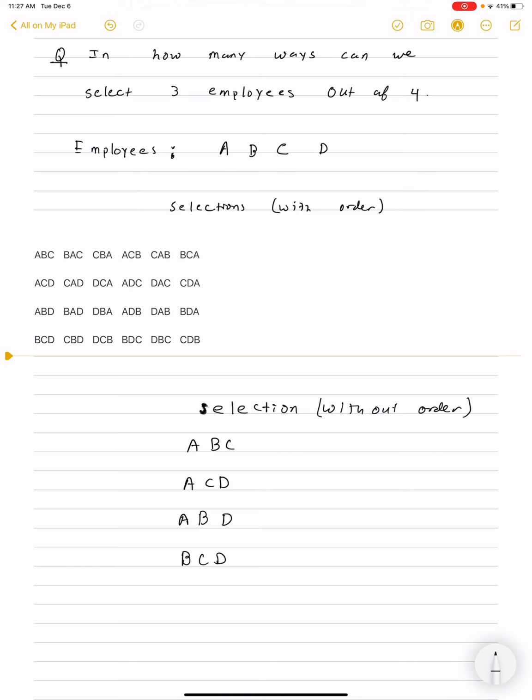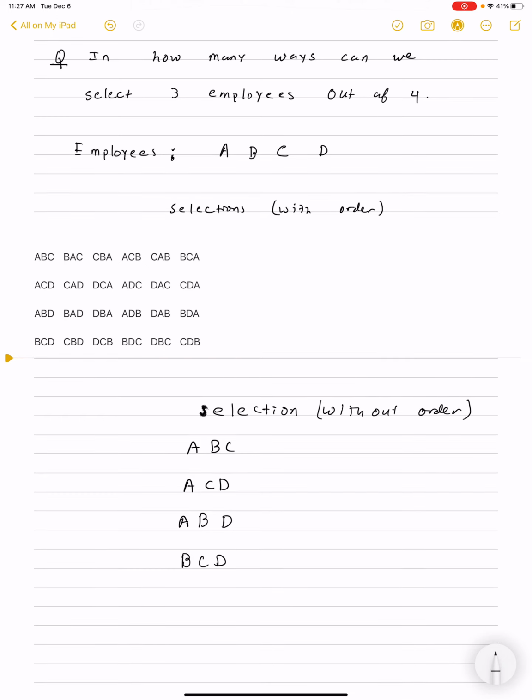How did I get from this list to the bottom list? So the top list, we should notice, hey, there are 6 columns and 4 rows. There's 24. So what if I did 4 permute 3?